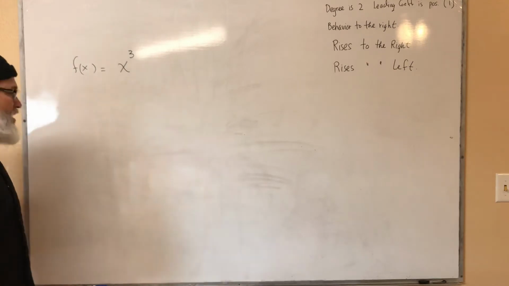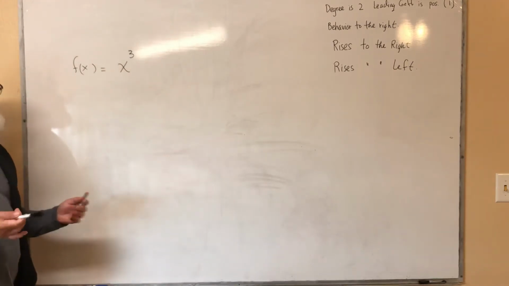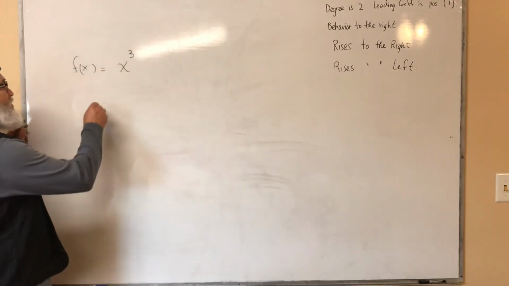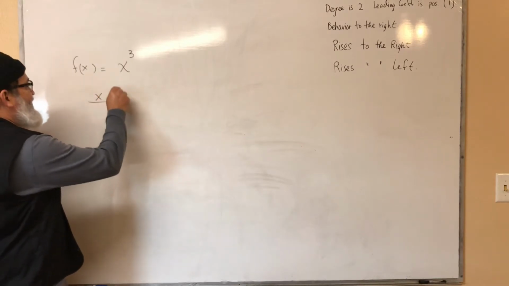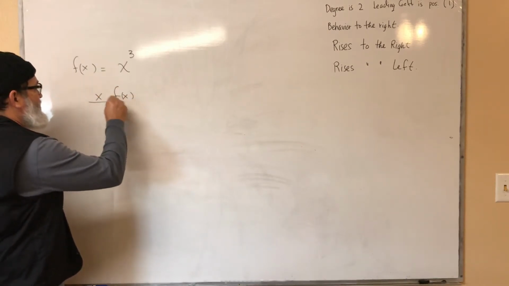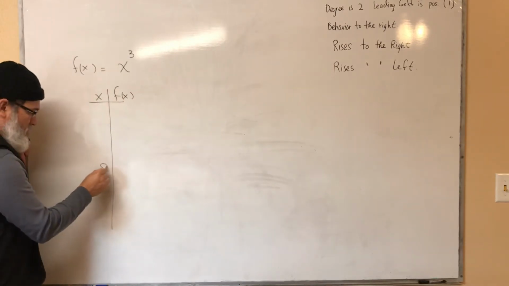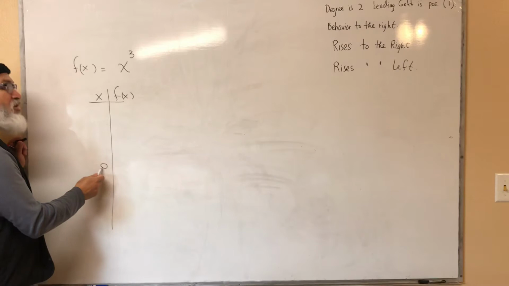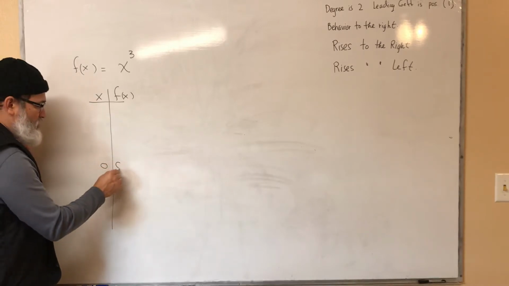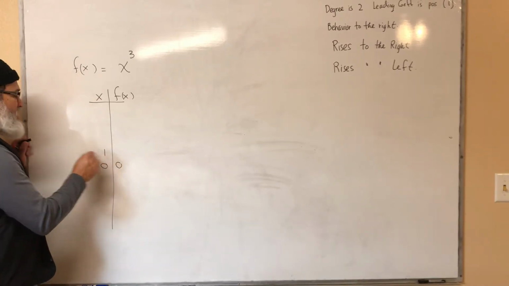Okay. All right. Let's make a table. Table x and f of x. Let x be 0. What is 0 to the third power? 0. Let x be 1.